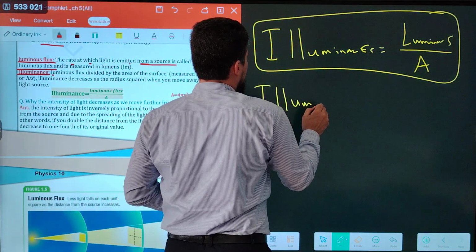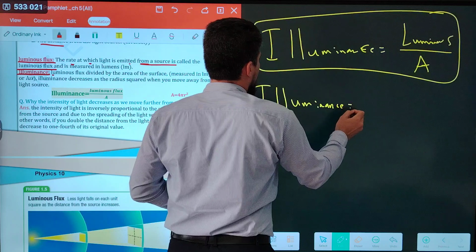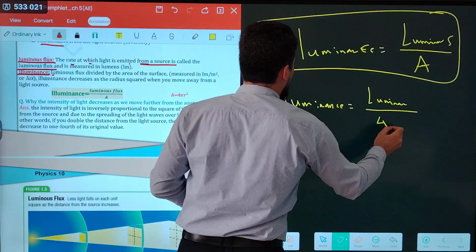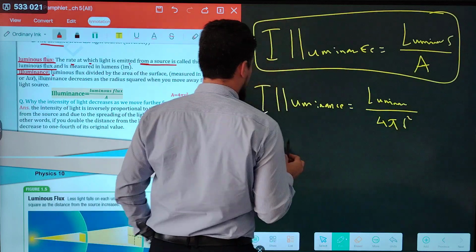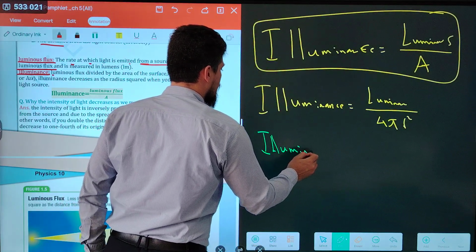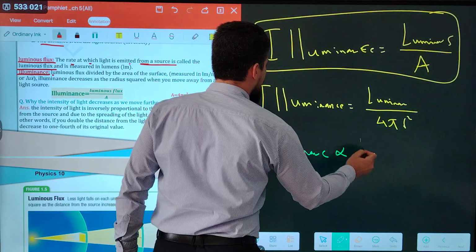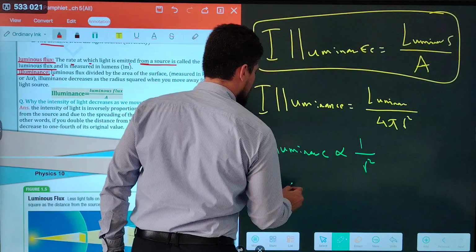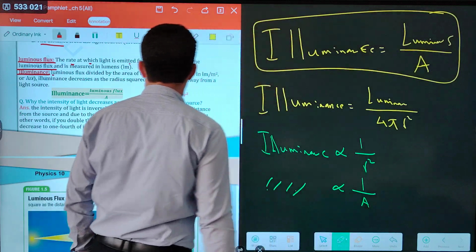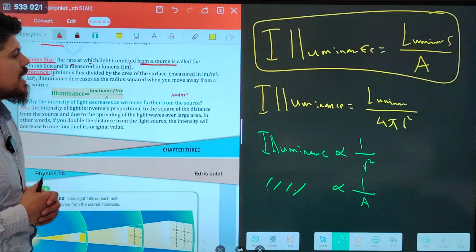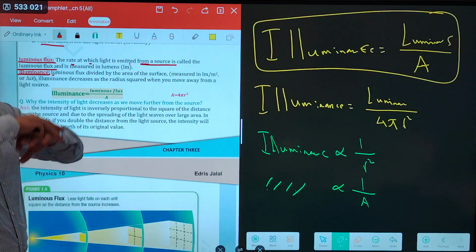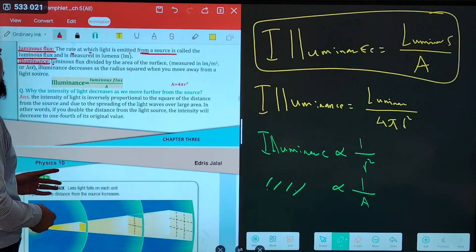So illuminance is equal to luminous flux divided by 4 pi r squared. So illuminance is inversely proportional to the area. More area, less illuminance and less intensity, because the same amount of energy is spread over a larger and wider area.